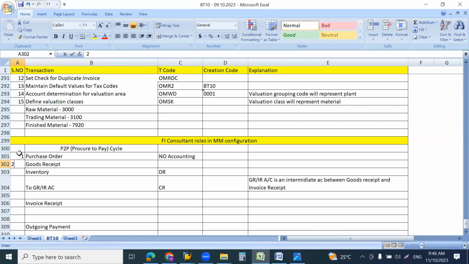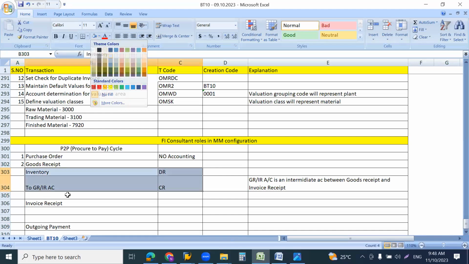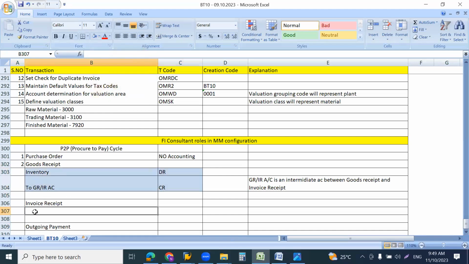First step, second step. This is the accounting entry. Invoice receipt. At the time of invoice receipt, GRIR account debit, vendor account credit.